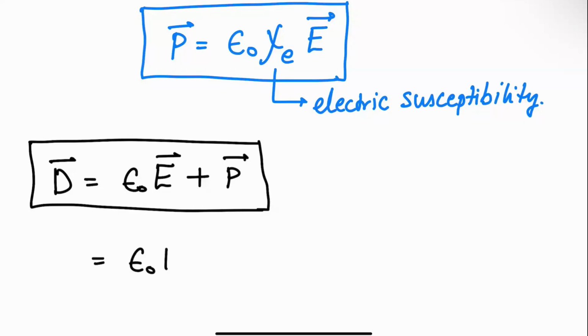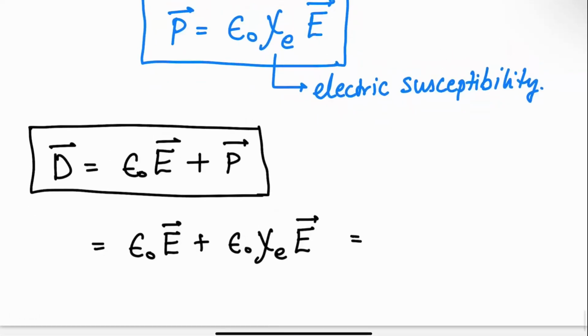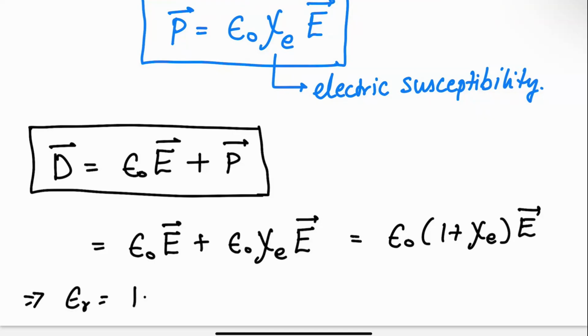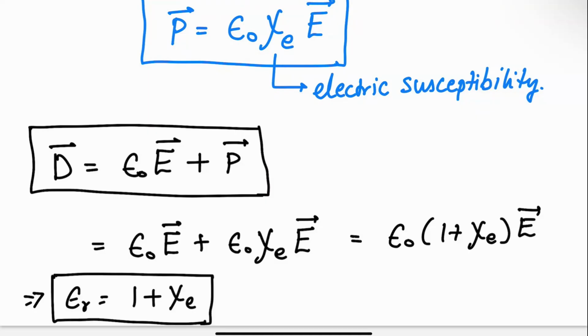Which is nothing but epsilon naught E plus epsilon naught chi_E times E, which is epsilon naught times (1 plus chi_E) times E, which is, of course, epsilon naught epsilon_r E. So which means that epsilon_r is 1 plus chi. So that's the relationship.